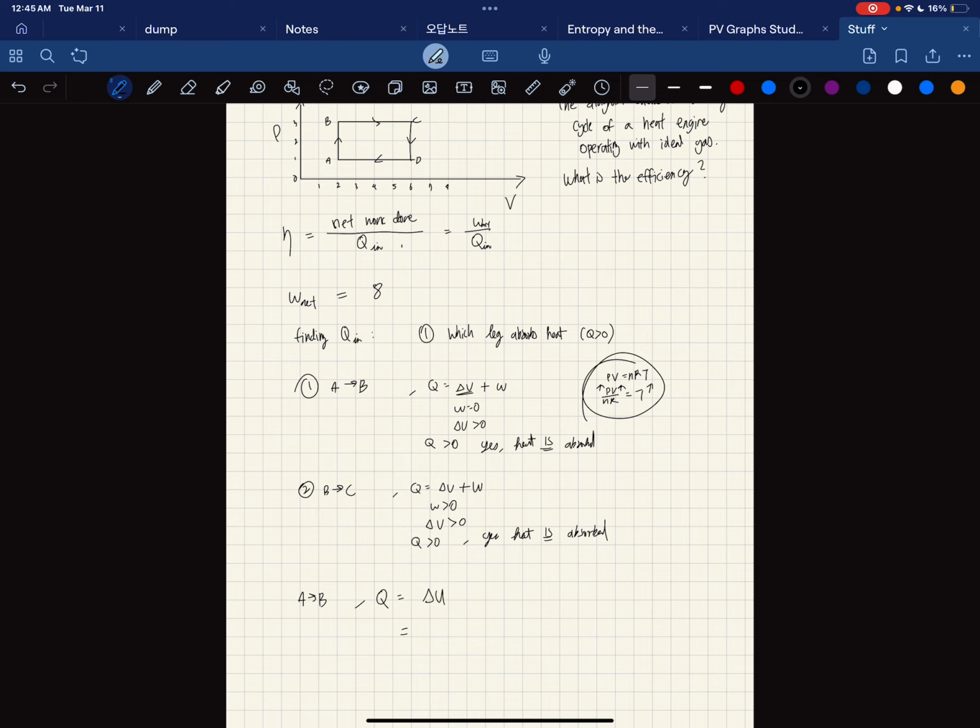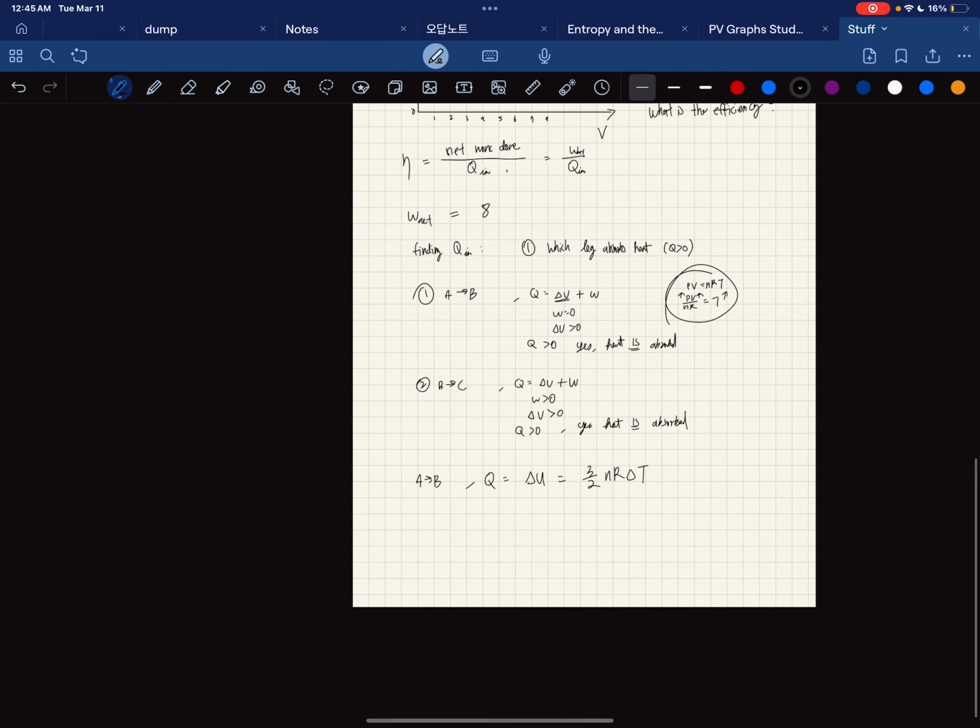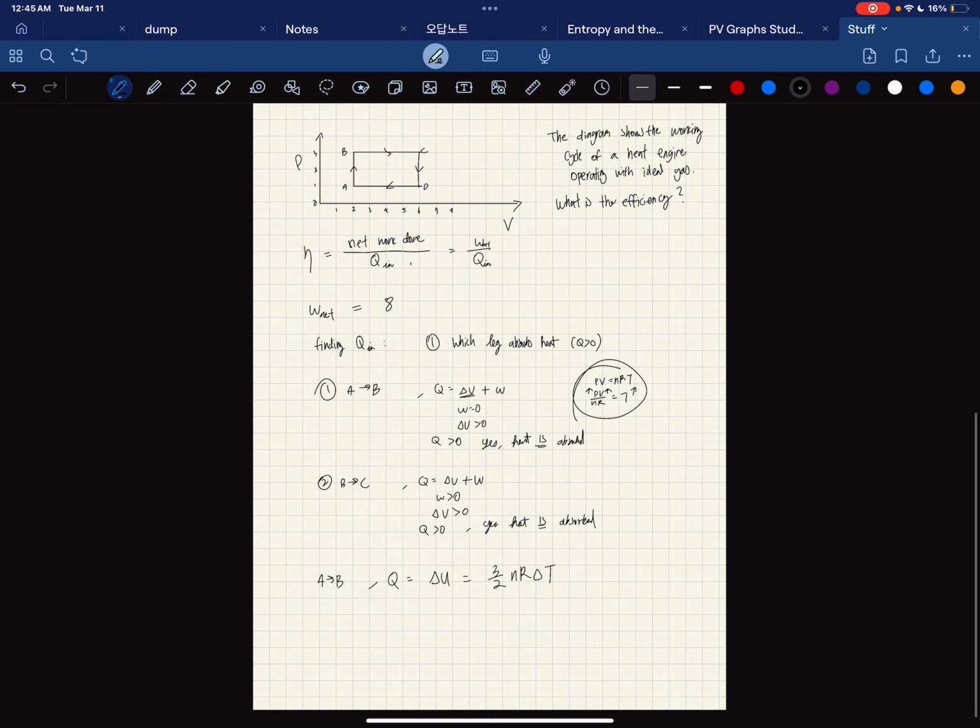Now, there's a formula on your formula sheet that can help you, which is change in internal energy equals 3/2 nR change in temperature. Oh, but we're not given temperature here, so what do we do?